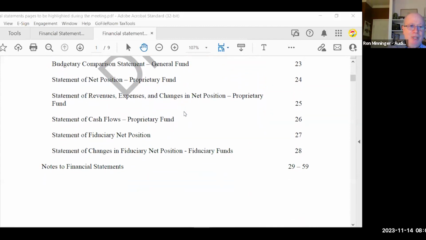So you can see we have a budgetary comparison statement, which I will review next. We have a food service proprietary fund financial statement, and we have fiduciary financial statements that include the scholarship and the student activities accounts.